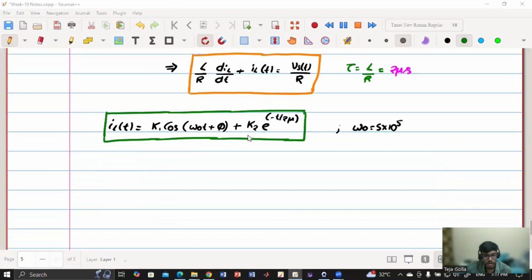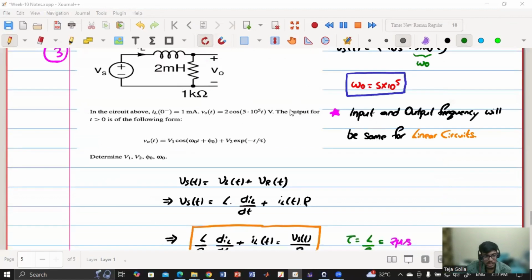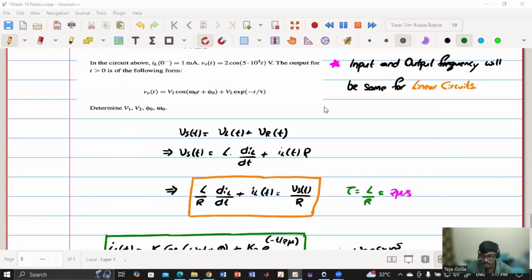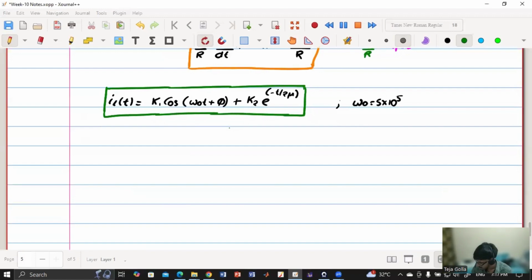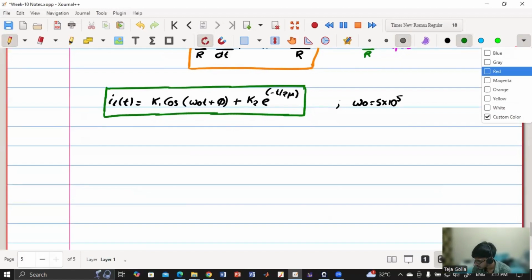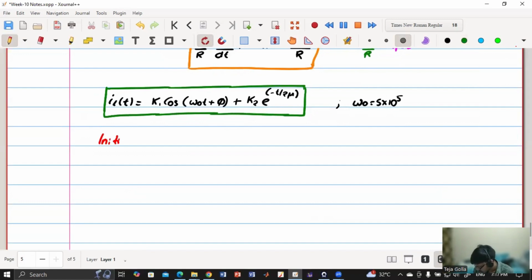Now, first we'll start with the initial condition, which we are aware of, IL of 0 minus. You can substitute IL of 0 minus is equal to 1.